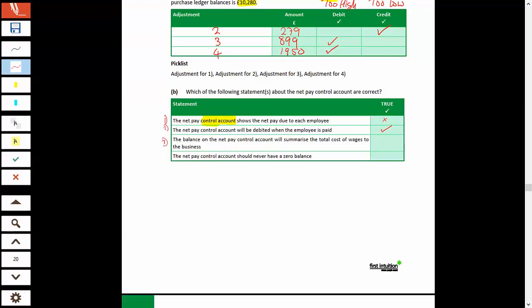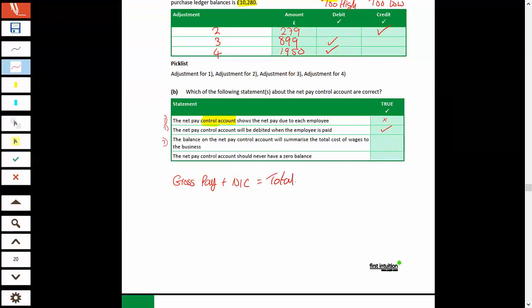Number 3, the balance on the net pay control account will summarize the total cost of wages to the business. Now, again, this is one of those where you'd have to revisit your resources just to make sure you've got all the nitty gritty. This isn't actually true. What the total cost is, is your gross pay plus the employer's national insurance contributions.